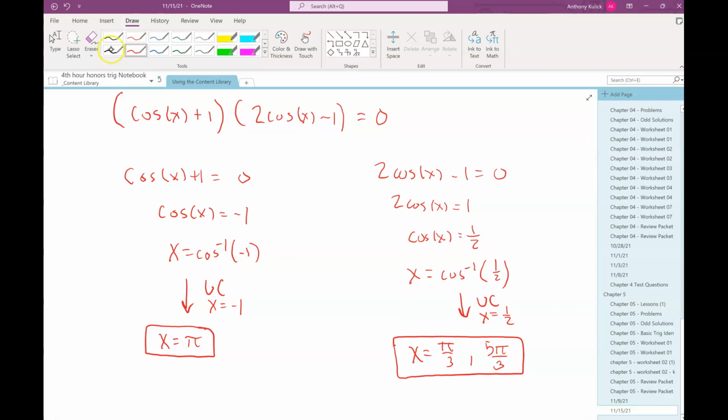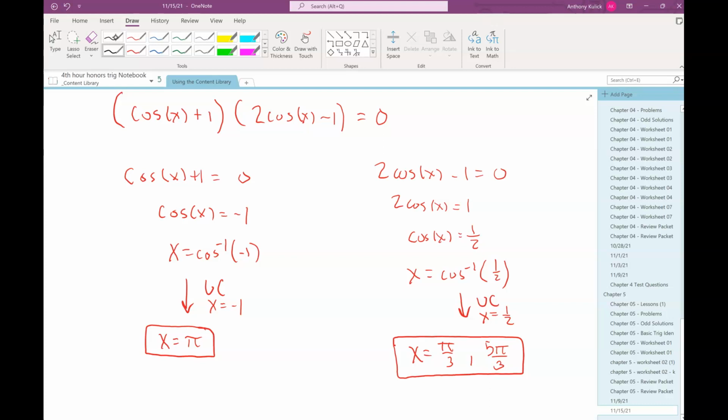So those are my 3 solutions. So far, so good?